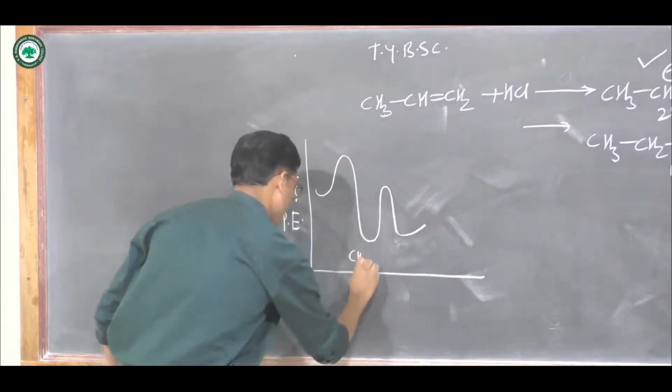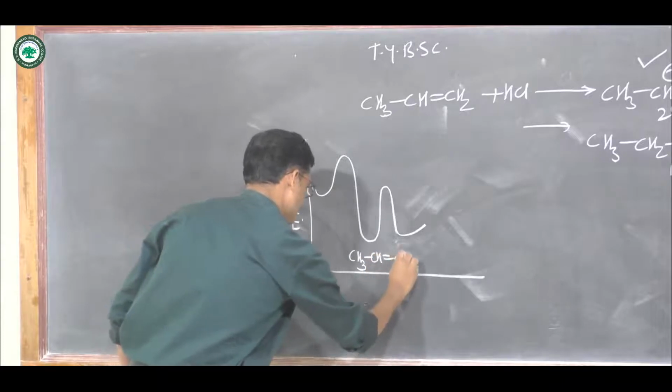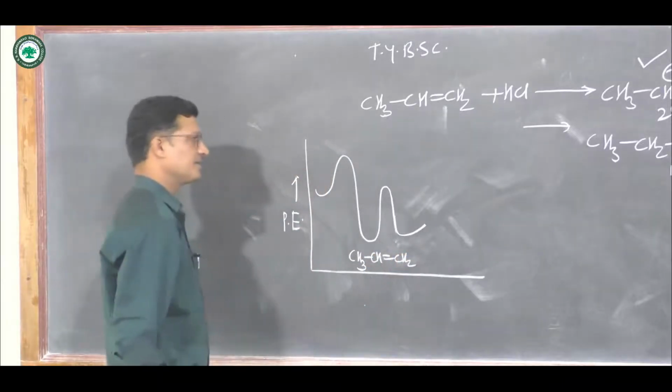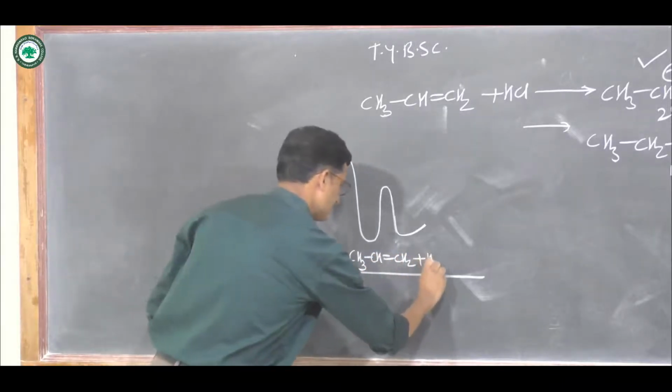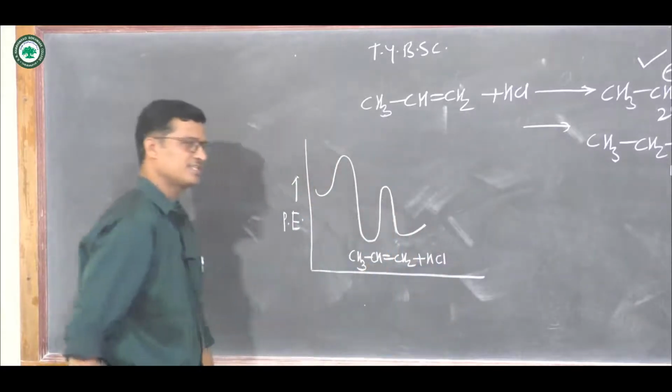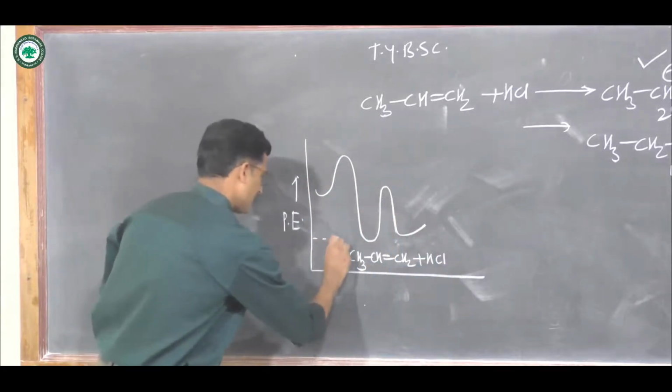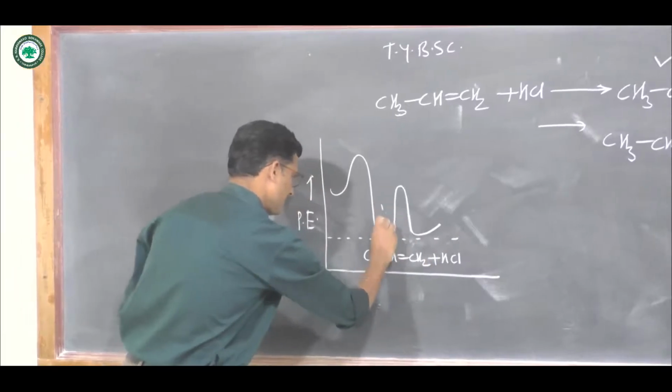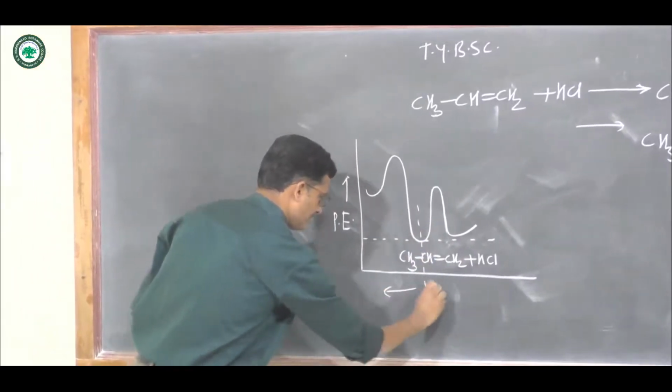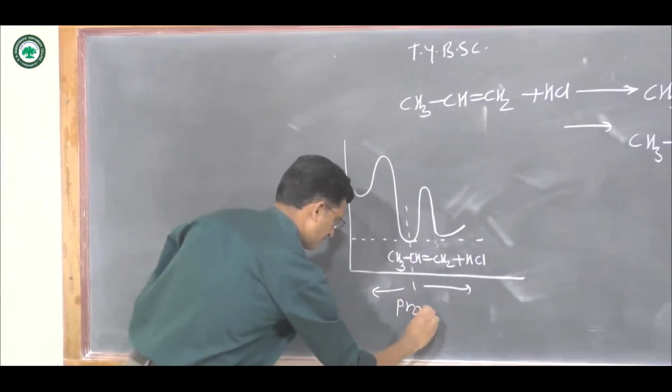And what is your starting compound? It is an alkene, propene, which reacts with, suppose we call it, HCl. What happened here? And we write here the progress of reaction.